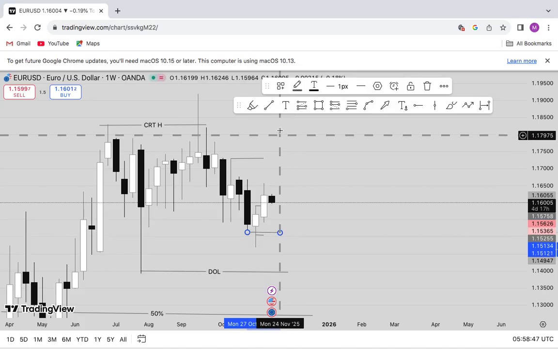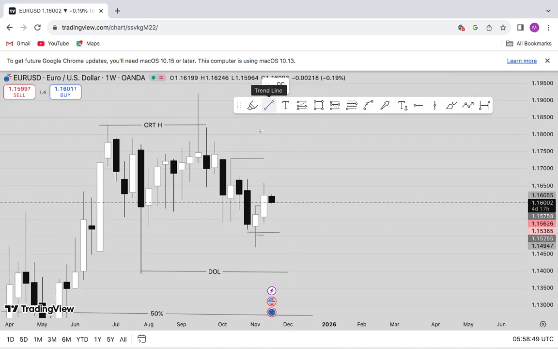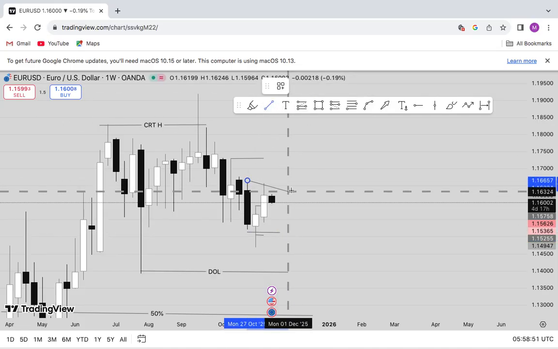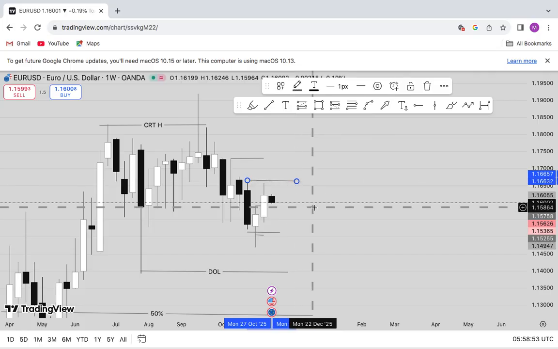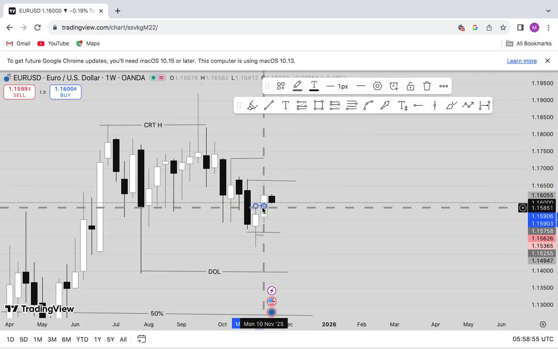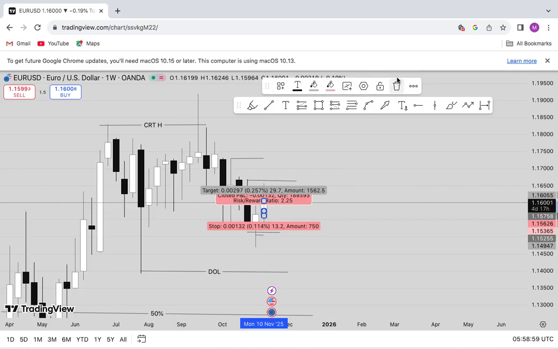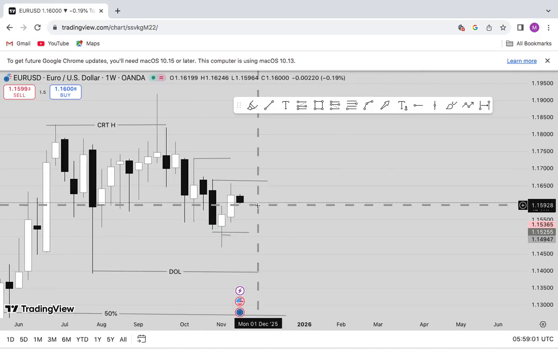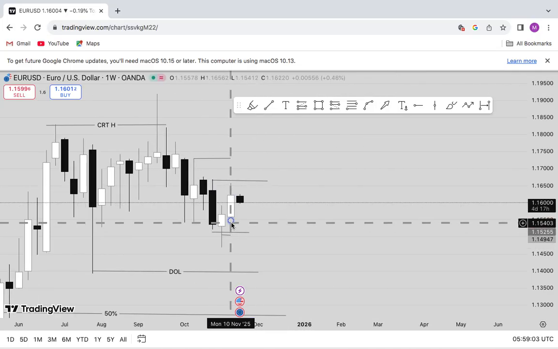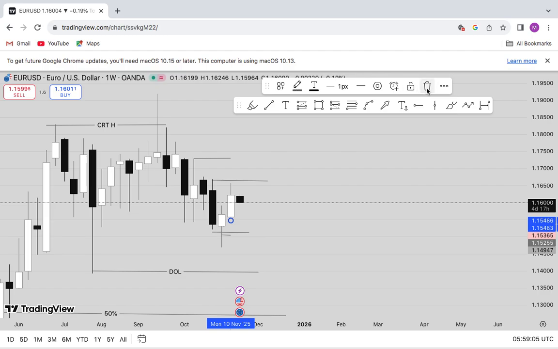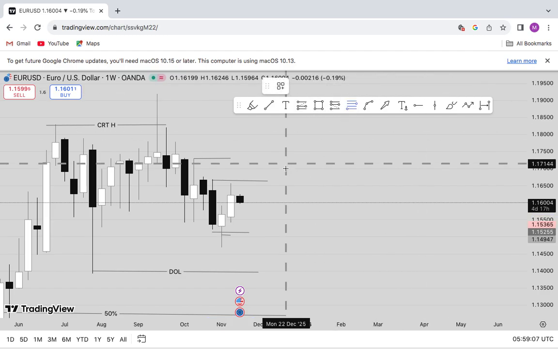CRT low here and our CRT high all the way up here, as you can see. And funny enough, price took out more than the 50%. So this was our CRT low, CRT high, and our 50%, which we are going to plot on our key level.